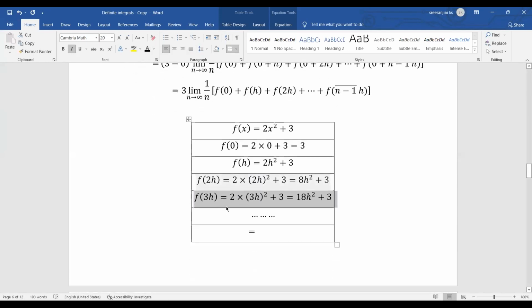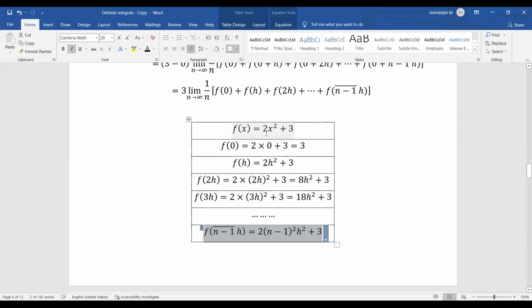Now f of 3h, 2 into x square, so 3h the whole square plus 3, 18h square plus 3. And finally, f of n minus 1h, 2 into n minus 1 h the whole square, that is n minus 1 square h square plus 3. These are the values. Now we are going to substitute.